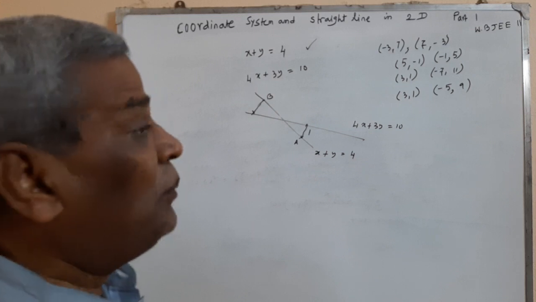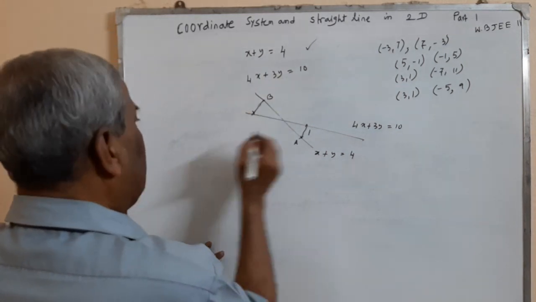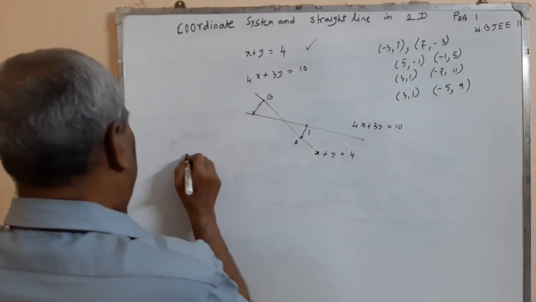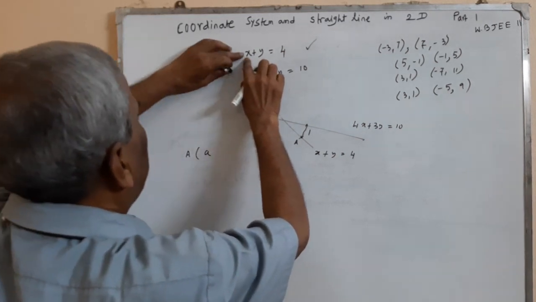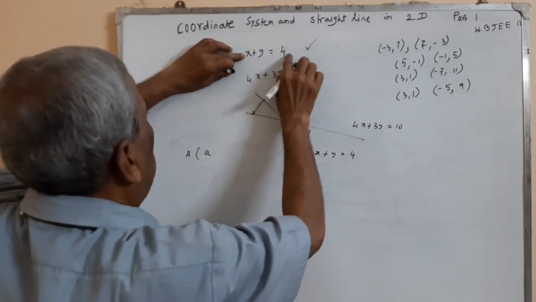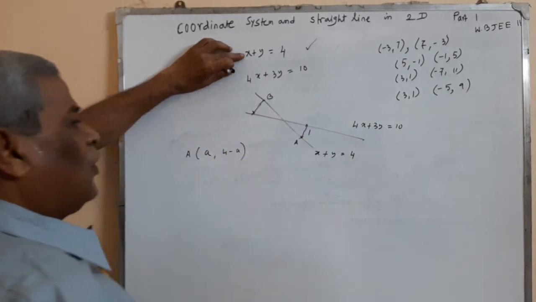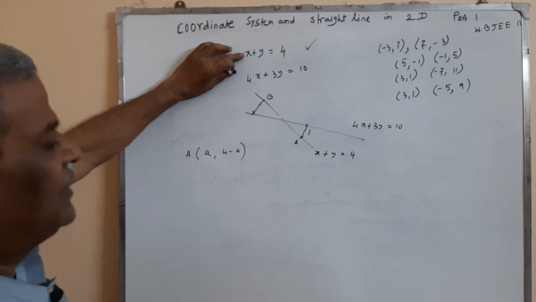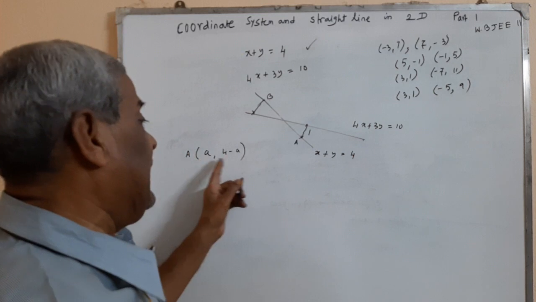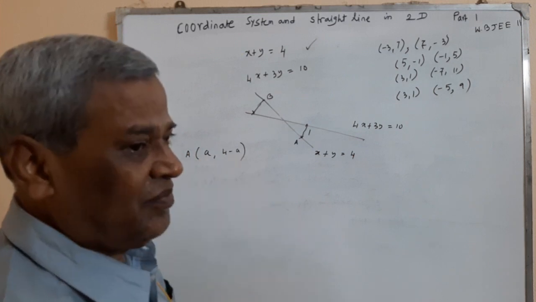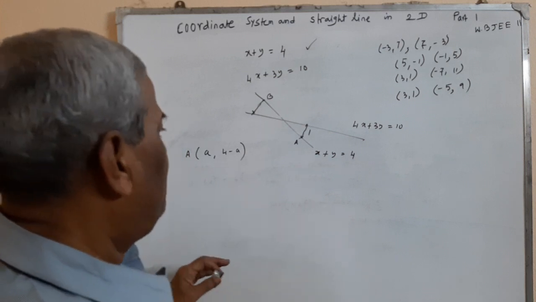Suppose the x coordinate is a, then the y coordinate will be 4 minus a. This is called parametric coordinates, because with only one unknown quantity a we get a point. This will make the calculation very simple.